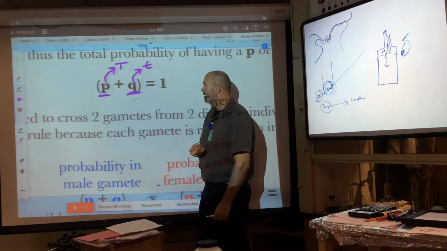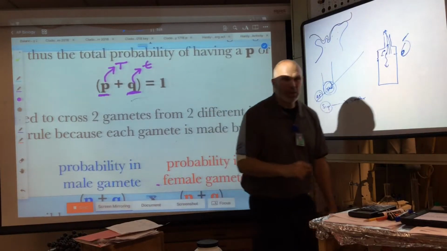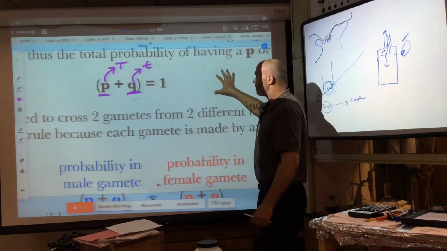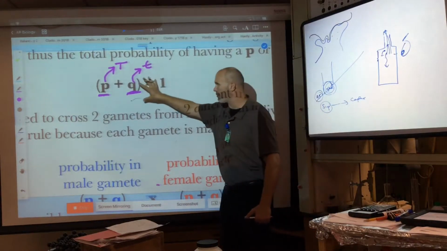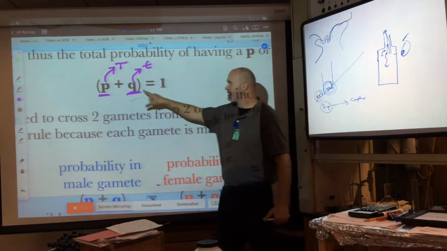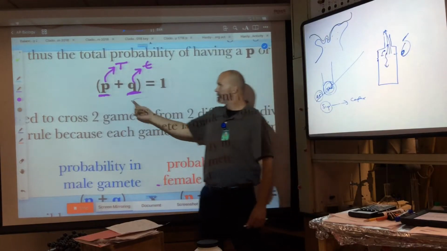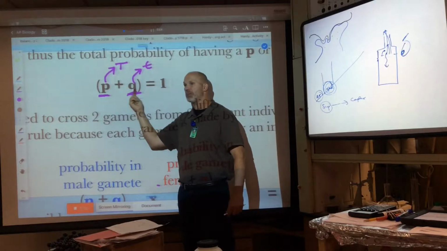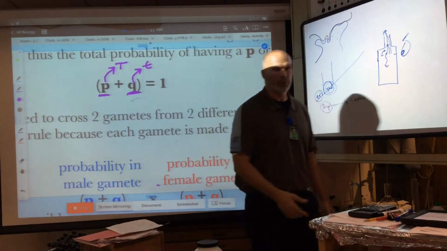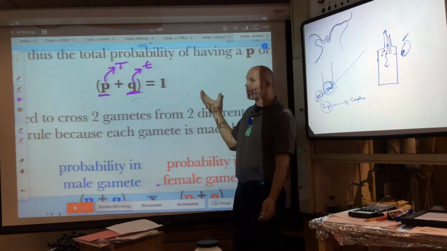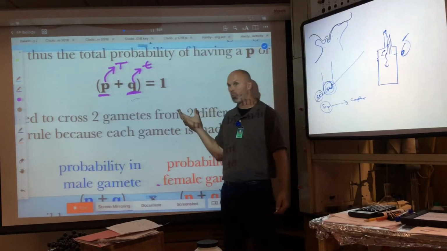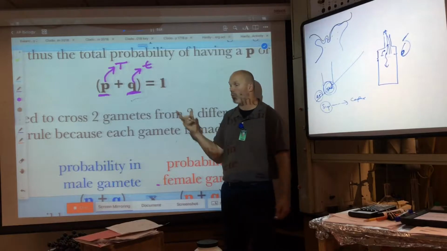Now, when we mate this with another gamete, made independently from a female gamete, they have the same scenario: the total combinations of p's and q's will have to equal 1, because making the female gamete, you're either going to get a p or a q. It's one or the other, so the possibility is still 1.